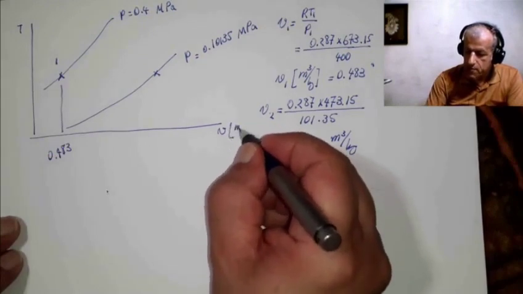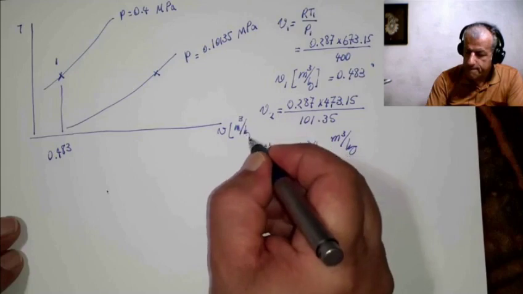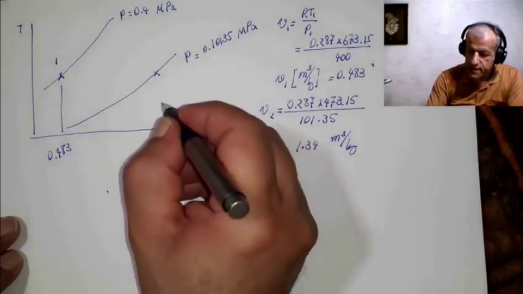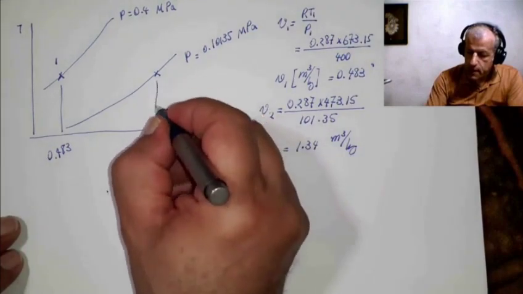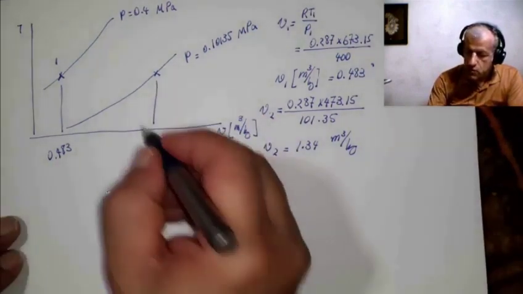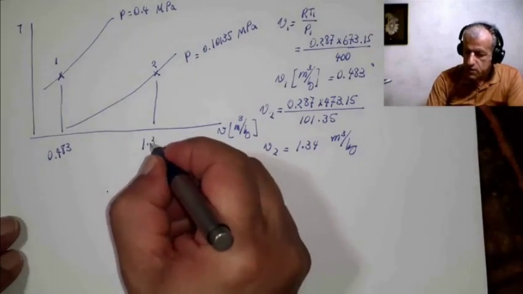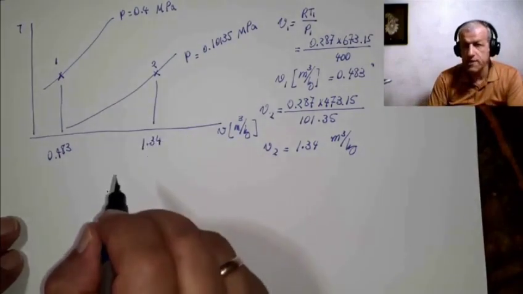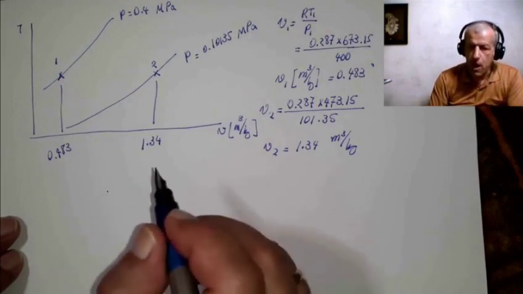I would write dimension for V, and here is V2. This is 0.2, and V is 1.34. Fortunately, in this problem, we managed to draw somehow up to scale.